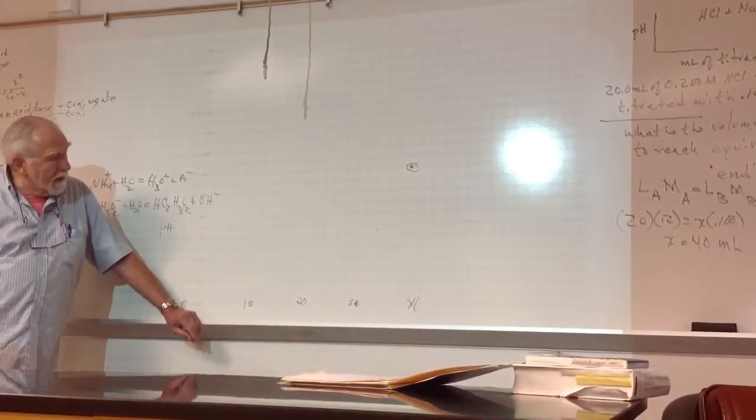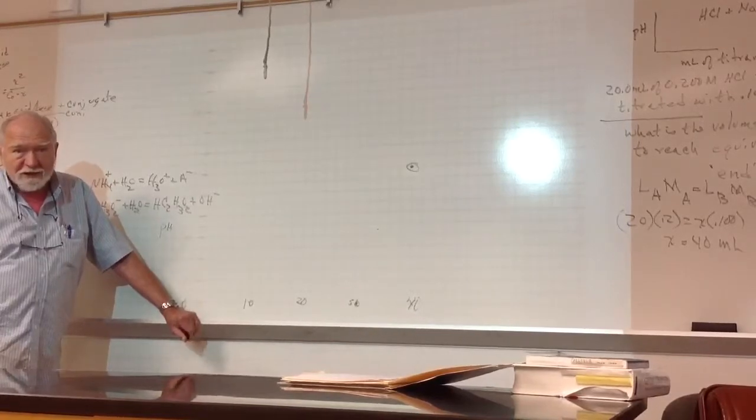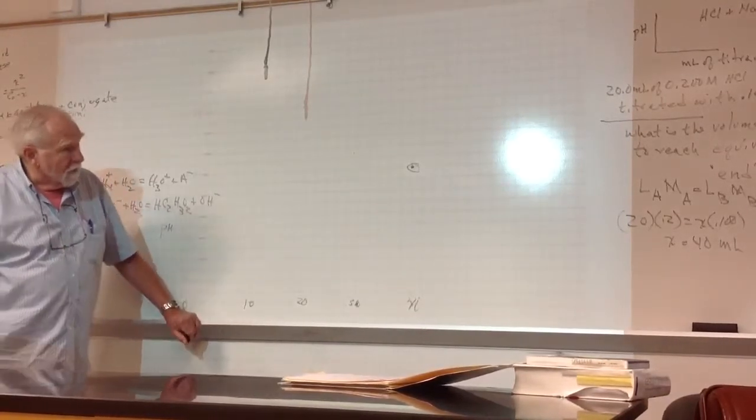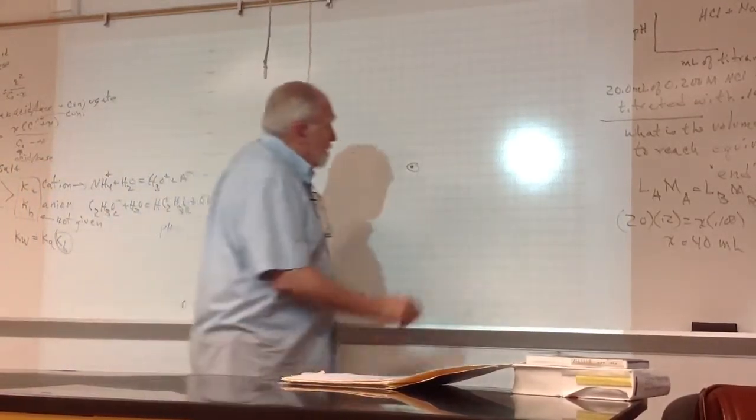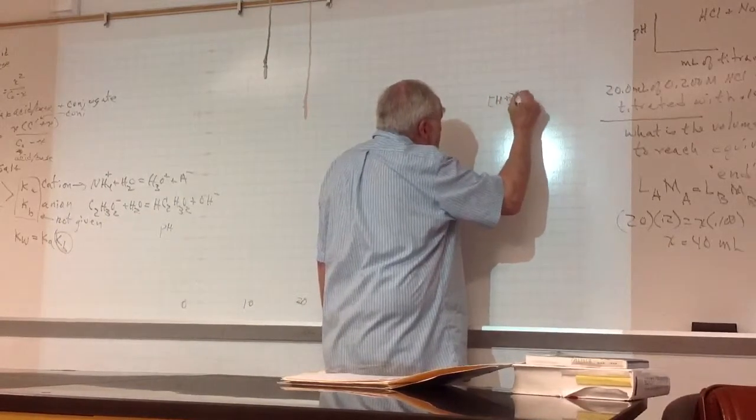And you can calculate the pH before you start the titration. Because you added 0 milliliters, you know that the concentration of H plus is what? 0.2.